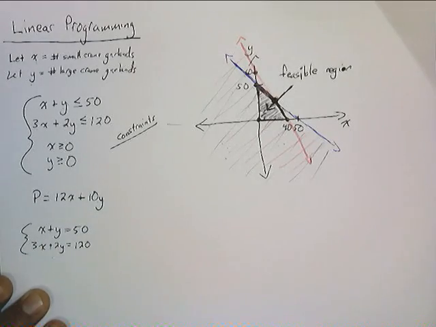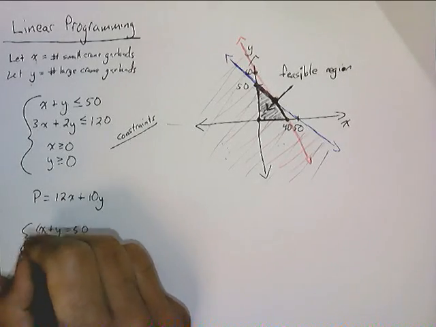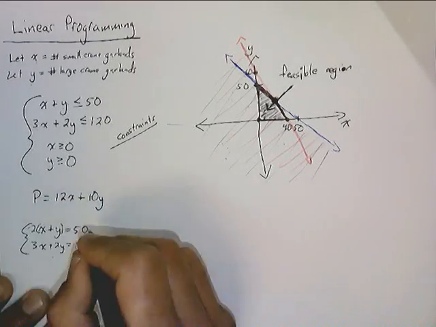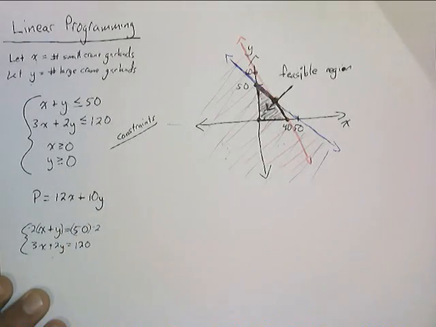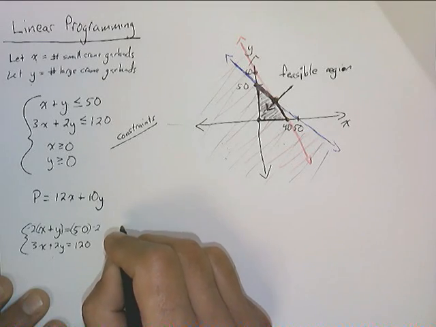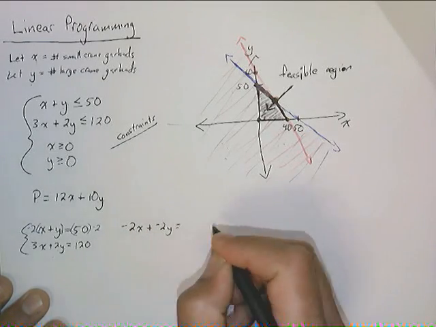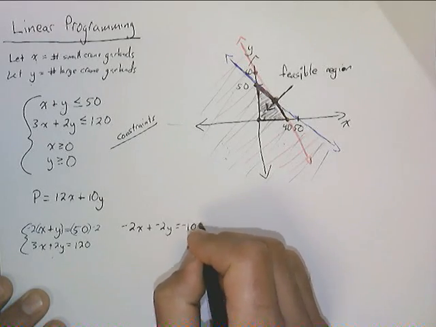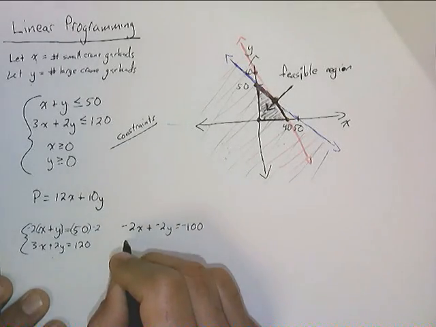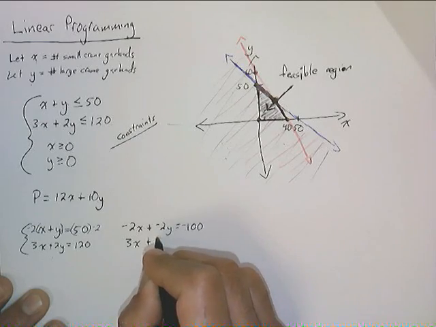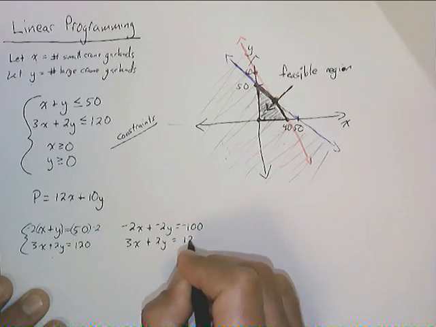If we multiply this top equation by negative 2 on both sides, it'll be nicely set up for elimination. So now we'll have negative 2x plus negative 2y is equal to negative 100. And we still have 3x plus 2y is equal to 120.